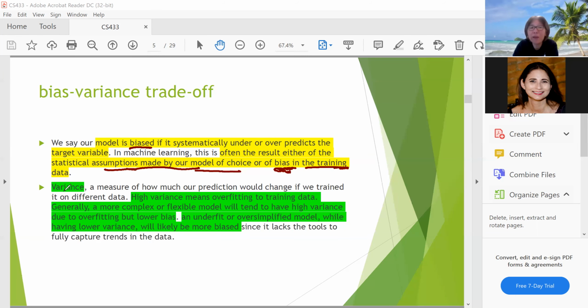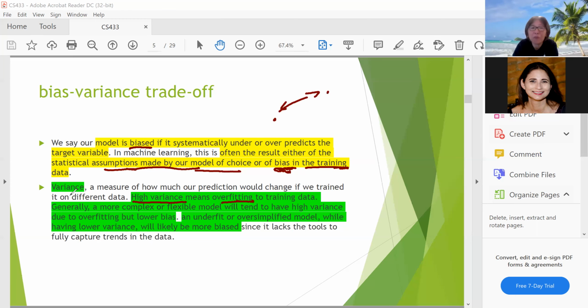Okay. And high variance can cause overfitting. Overfitting means it fits your model pretty well, but when a new incoming random data set comes, it's spread out and further away from your model.